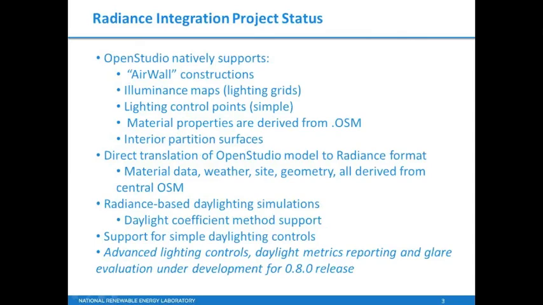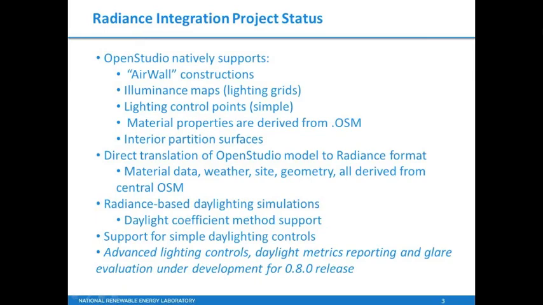So you have an OpenStudio model that has, and I alluded to this before, certain constructions and objects that are relevant to a Radiance simulation that have no bearing on an EnergyPlus simulation.